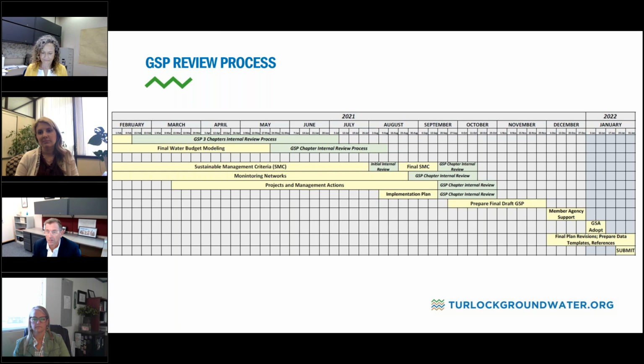And so you see the process leading all the way to a January 2022 or sooner adoption of the Groundwater Sustainability Plan for the Sub Basin. And so we have this just to give a quick idea on where we've been and where we're going. Of course, a lot started before this timeline even existed, because there was a lot of pre-work that was done after SGMA, but before GSP development began. So next slide.